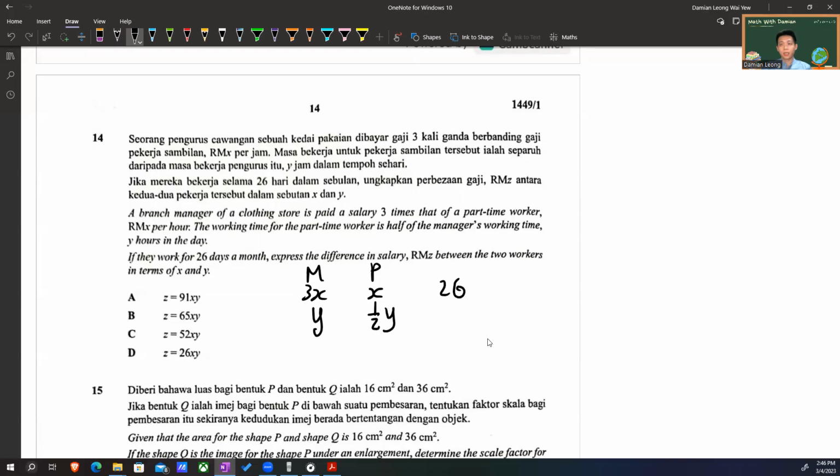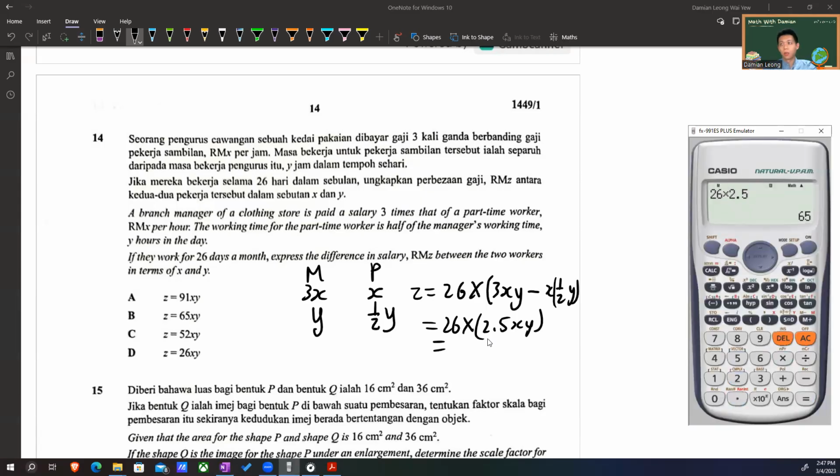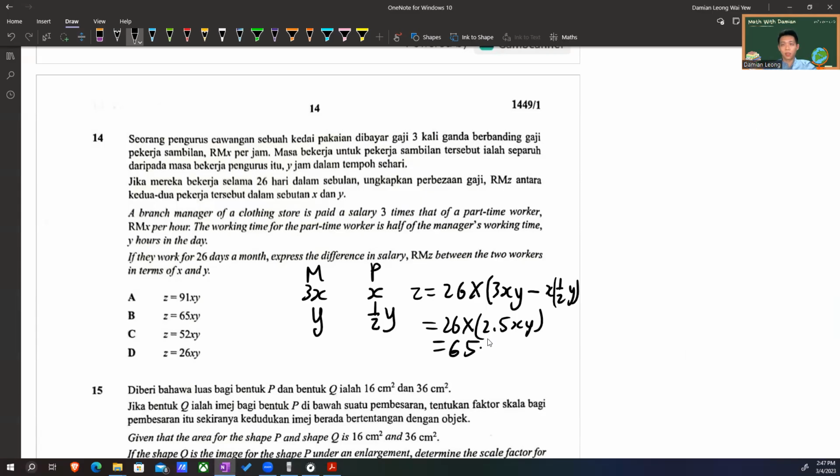So it means 26 days times the difference in their salary each day, which is 3x times Y minus X times half Y. So this is 3 minus half, 2.5xy times 26, 65. So 65xy. Answer would be B. That's it.